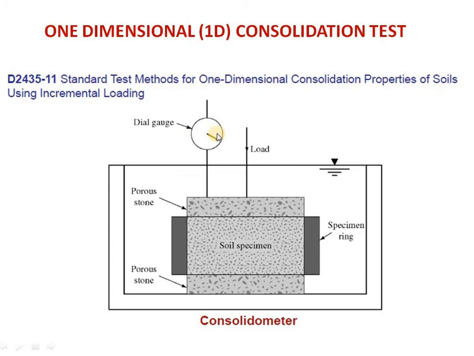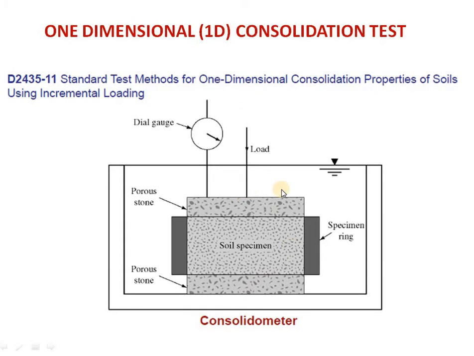So a dial gauge is there, a specimen of soil is there, and porous stones are kept at the bottom and the uppermost part of the soil sample, and it is filled with water. So the loading is applied in the consolidometer.